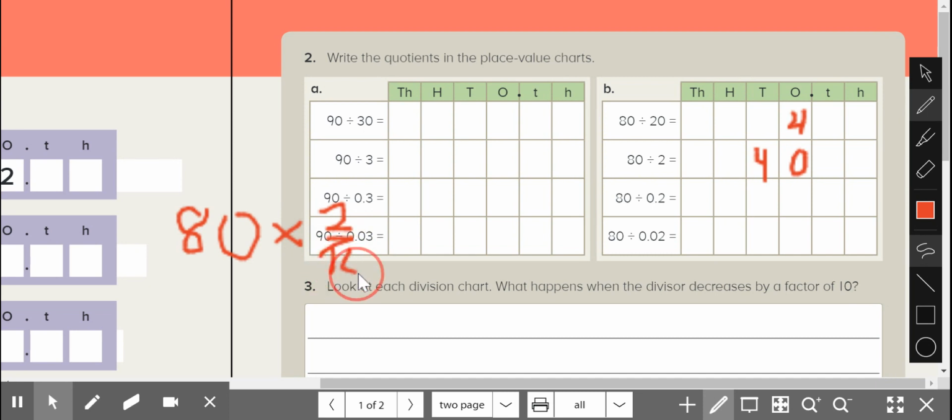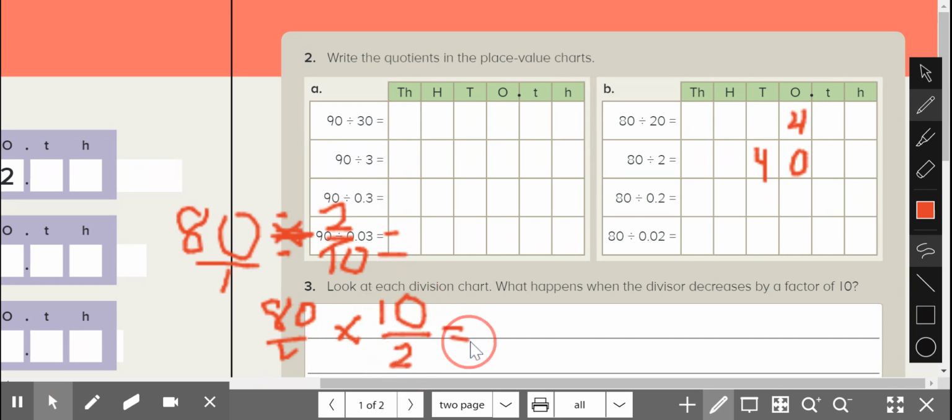And remember, if we have an 80 here, a whole number, we could say that's over 1. So, oops, it's not multiplication, it's division. But we do want to make it into a multiplication problem. That's how division of fractions works. So we keep, change, and flip. 80 times 10. 10 groups of 80 is 800.